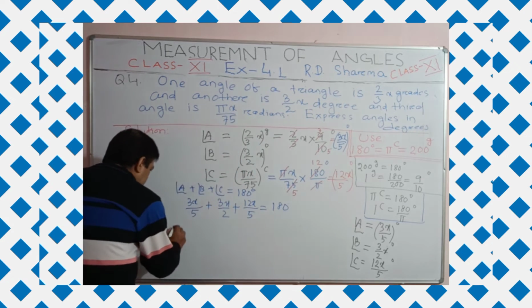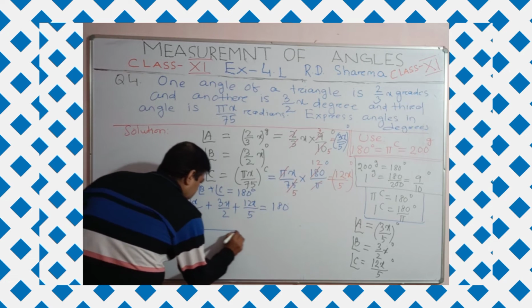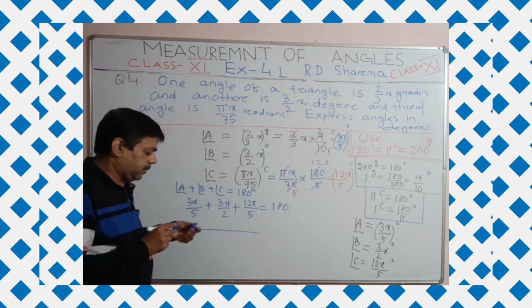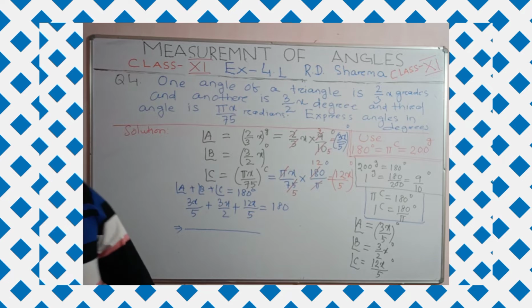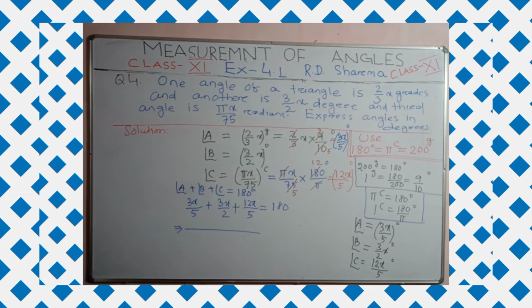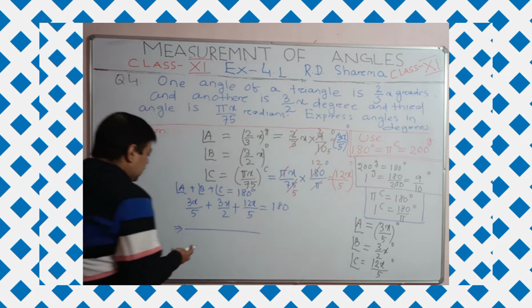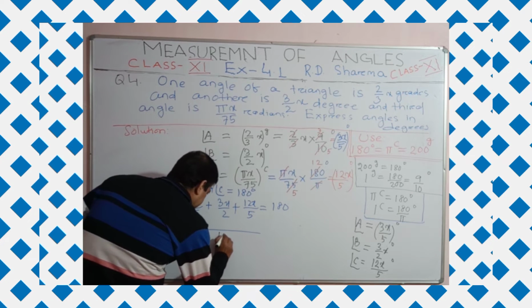Okay. Now let us take the LCM. What is the LCM of 5, 2 and 5? Which is 10, or not? The LCM is 10.